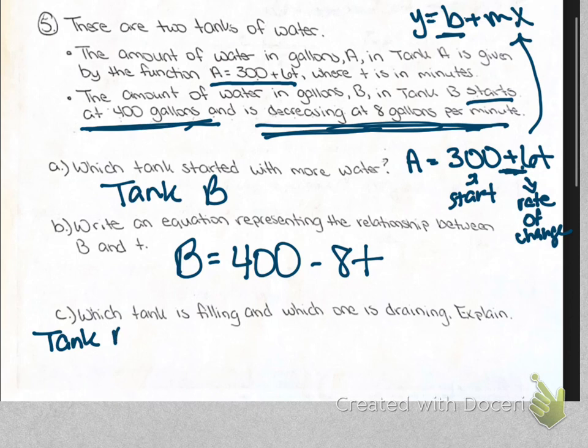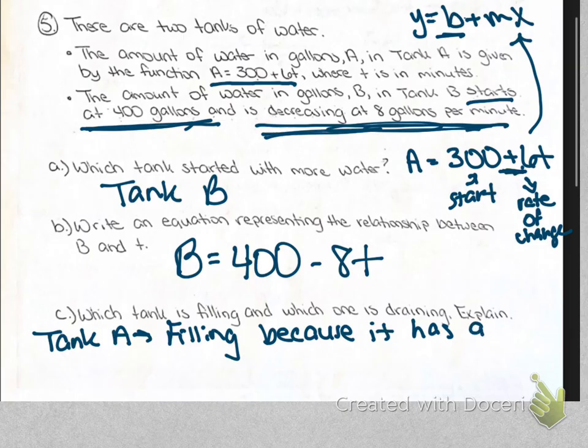So tank A is filling because it has a positive slope. Okay, which means tank B is draining because if we look at this equation, the rate of change has that minus in front of it. That means it has a negative slope.